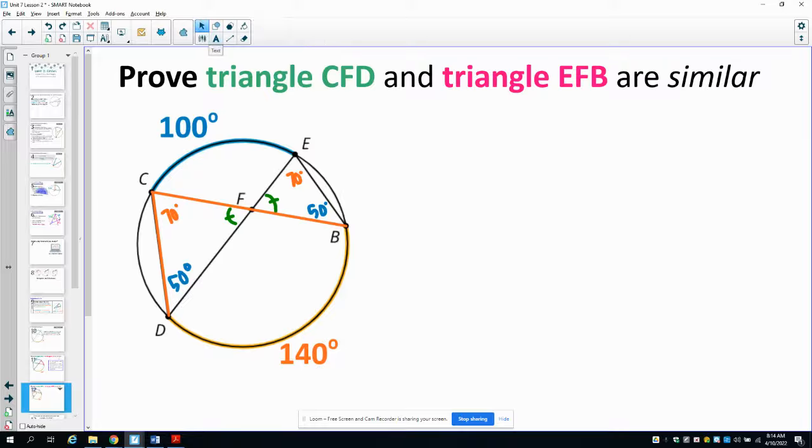So however you decided to do that, whichever angles you decided to use, you could write that out as a proof. Okay, so let me get this started.